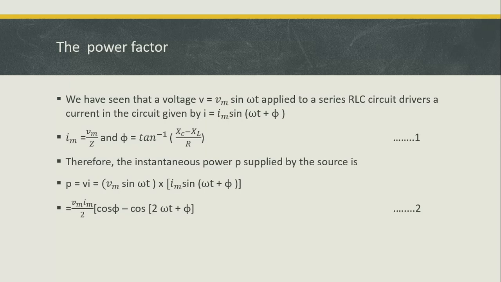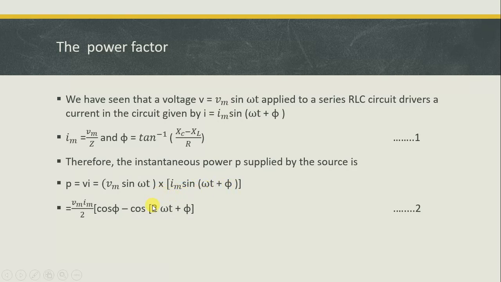For cos(A minus B), omega t minus omega t cancels out, and we get the value of cos phi.